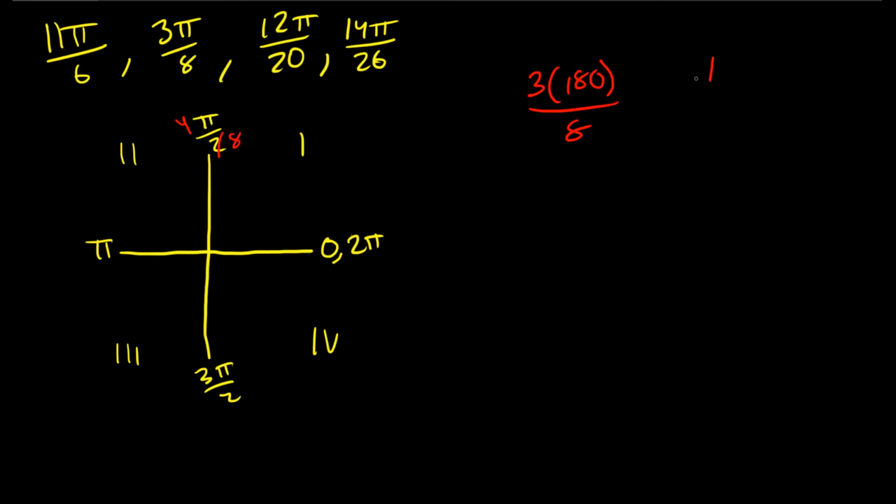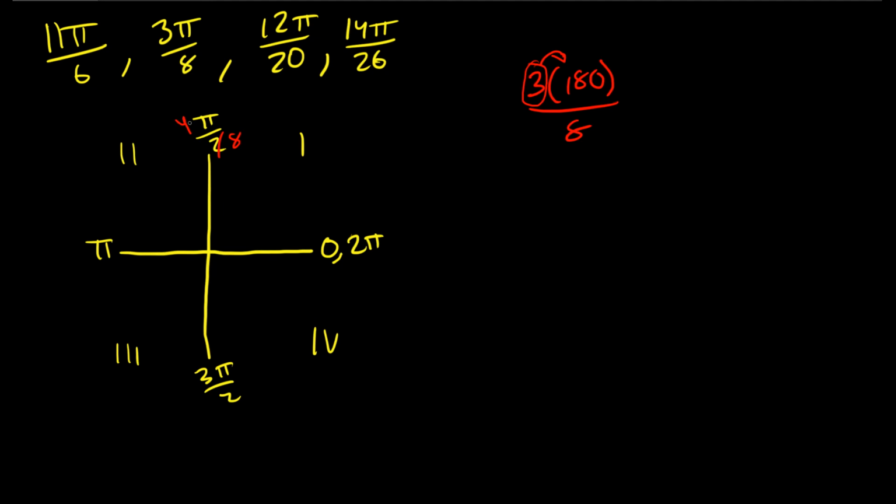Normally, you could treat pi as 180 degrees and then just divide it by the bottom and then multiply it by the number that's multiplying pi, and then you can get the actual number of degrees. But I think it's often a little excessive. It's a little too involved for, say, when I'm in a test and I need to quickly just figure out the angle, just to keep moving on with the problems.